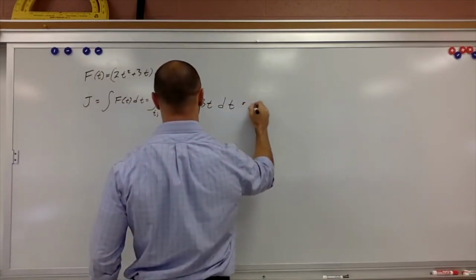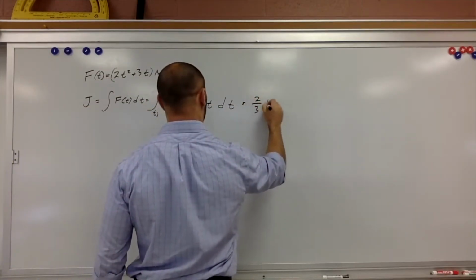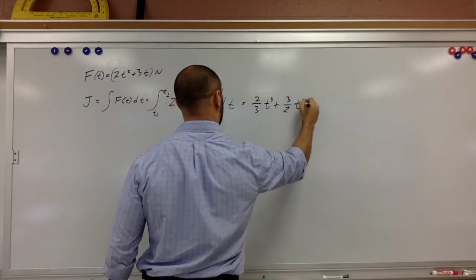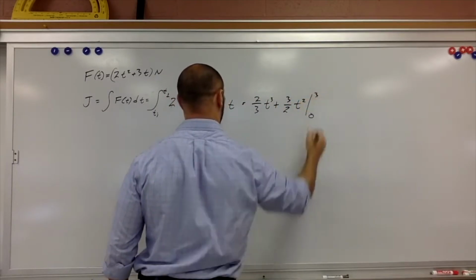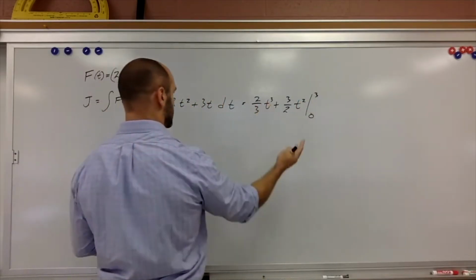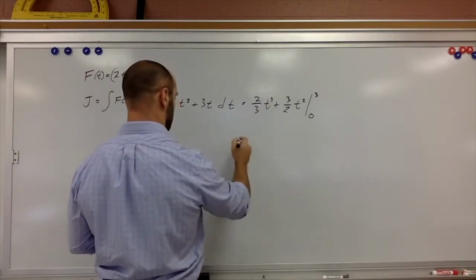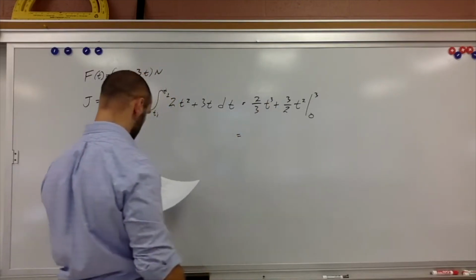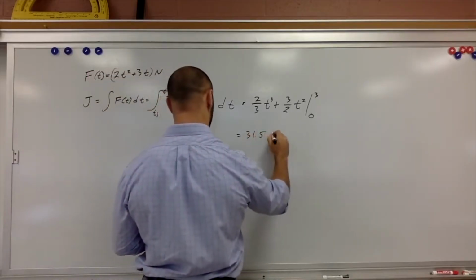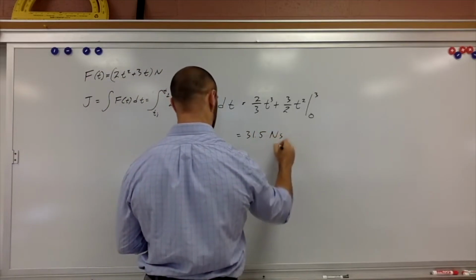So this is going to be 2/3 t cubed plus 3/2 t squared from 0 to 3 seconds, which is the time given to us. So we plug these numbers in, and when you plug the numbers in, you should get about 31.5 newton seconds.